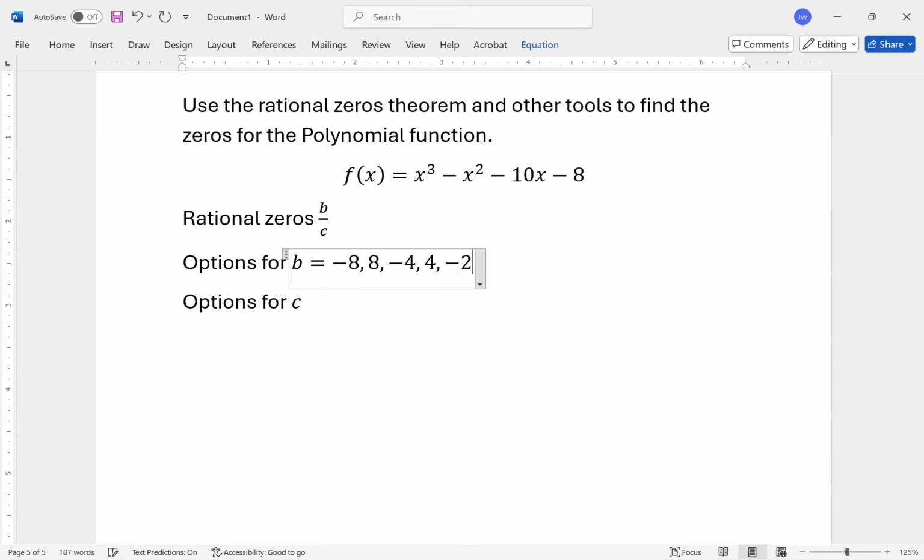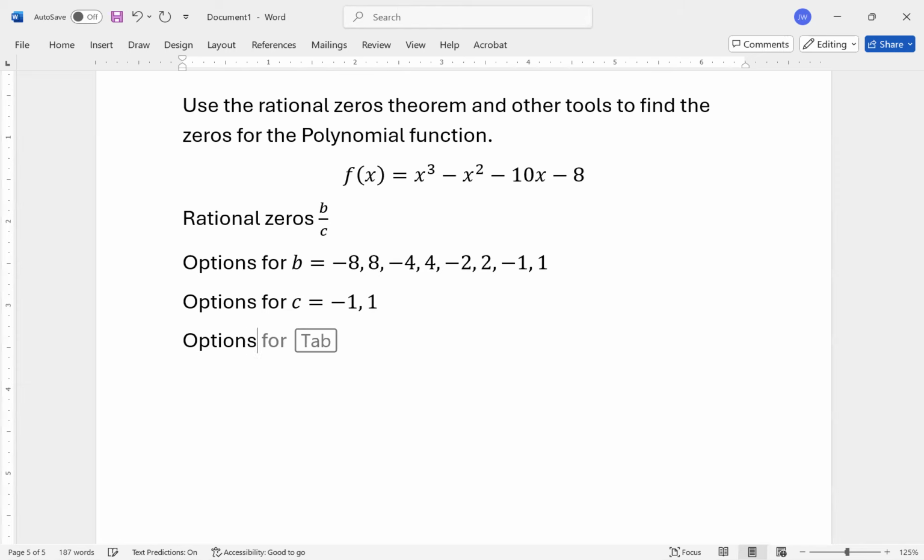And then -2 is a factor. +2 is a factor. -1 is a factor. And +1 is a factor. My options for c are more limited. Factors of 1 are -1 and 1.